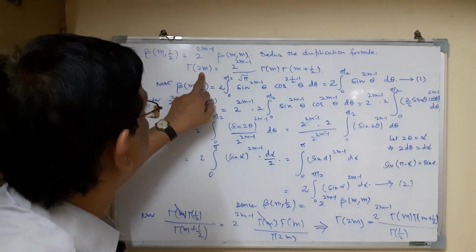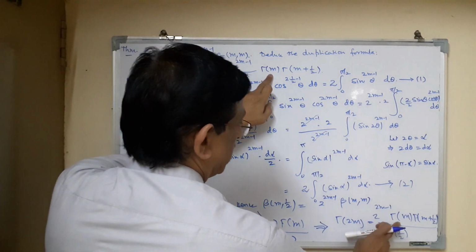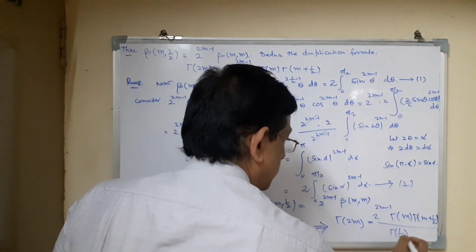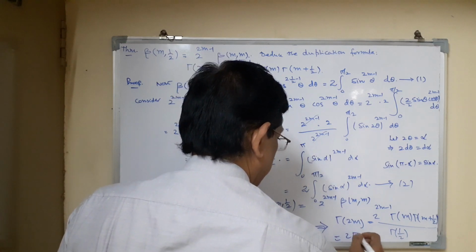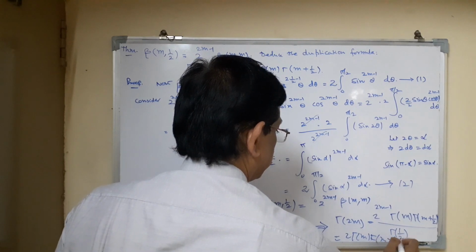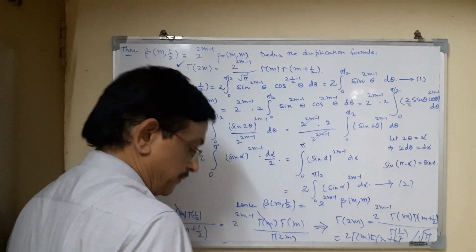Gamma 2m is equal to 2 power 2m minus 1 gamma m plus 1 by 2 into gamma m. But what is gamma half? It is root pi. So this is equal to 2 power 2m minus 1 by root pi gamma m gamma m plus half, which is this formula.